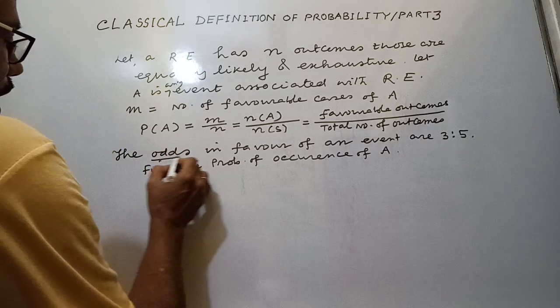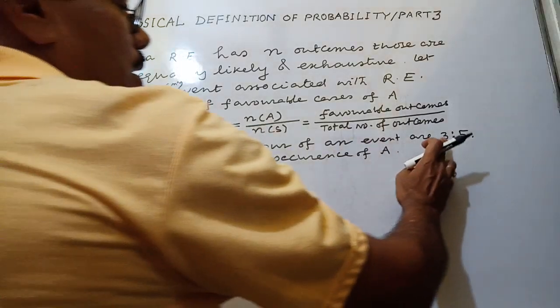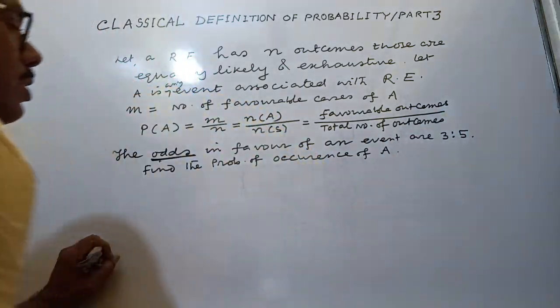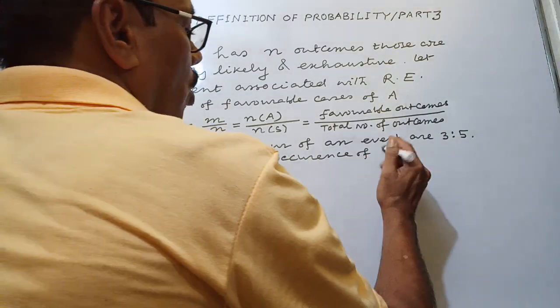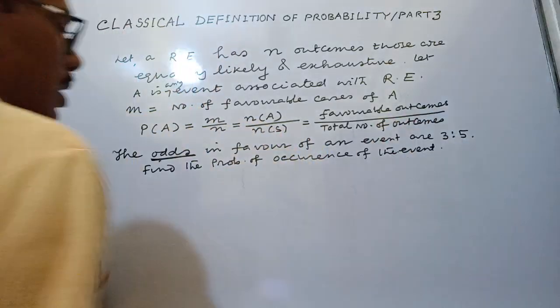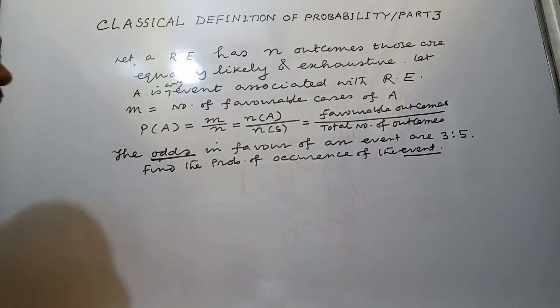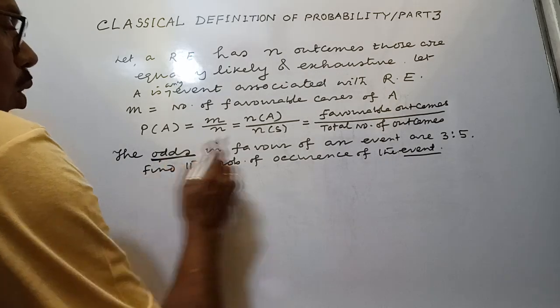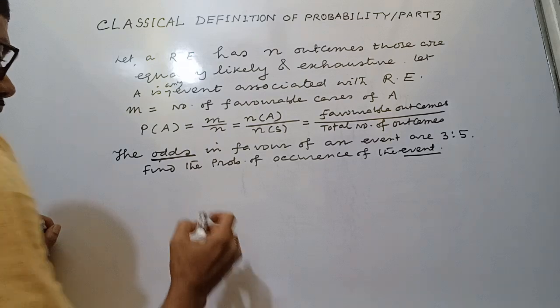Odds means here chance. So chance in favor of A is 3; find the probability of occurrence of the event. Here it is not A, it is the occurrence of the event. So odds in favor, that is the first one, and 5 is against.